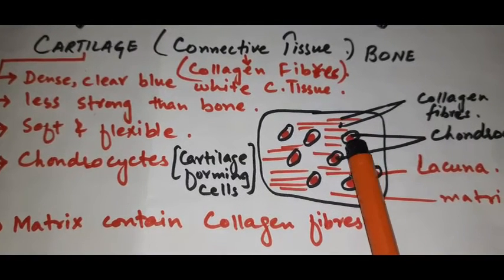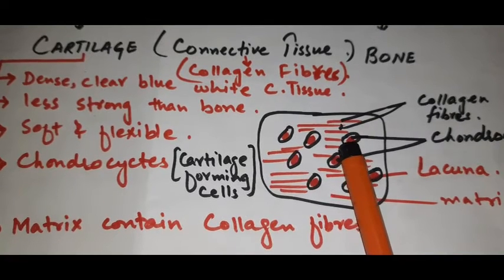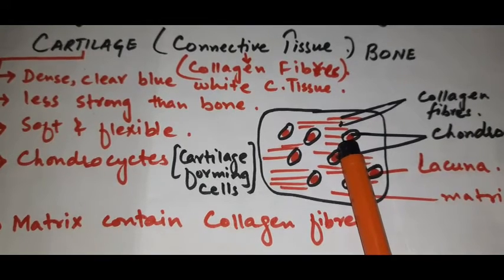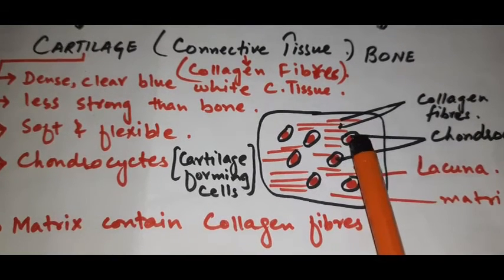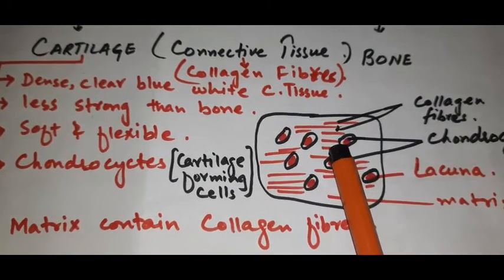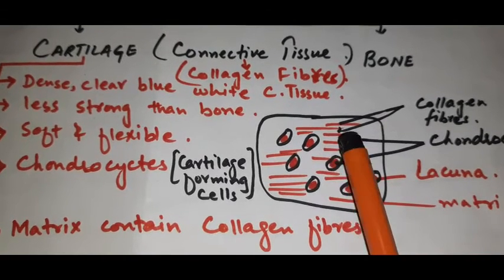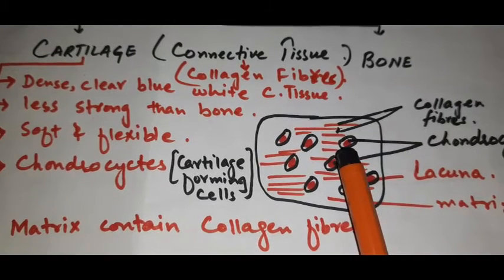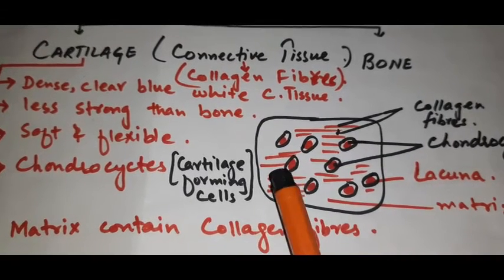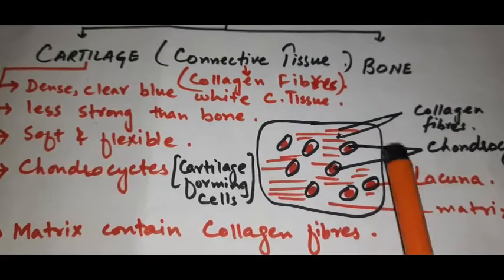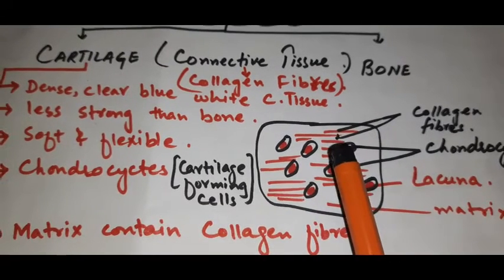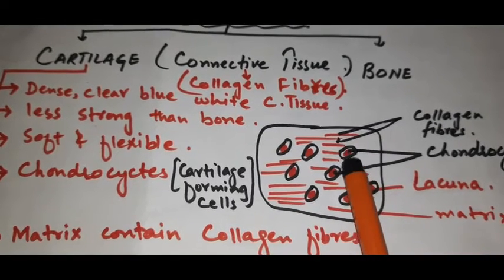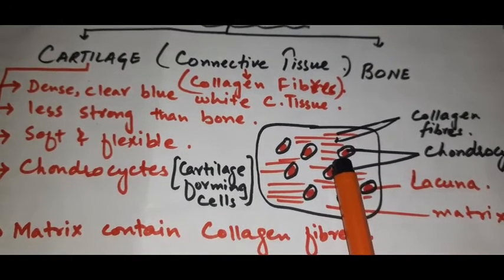Here I have shown them in the red part. These are located in a space-filled cavity, right? This cavity is known as lacuna, or lacunae. So the chondrocytes are present in the ground substance within the space.